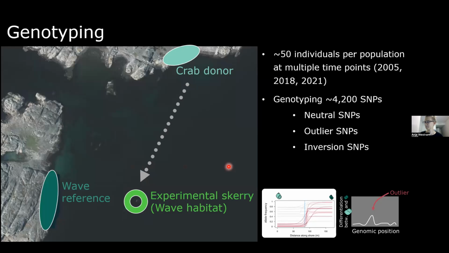And so of course, we also wanted to study this genetically. We sampled at 3 different time points: 2005, 2018, and 2021. We sampled individuals from this population, and we genotyped the population for a set of SNPs.